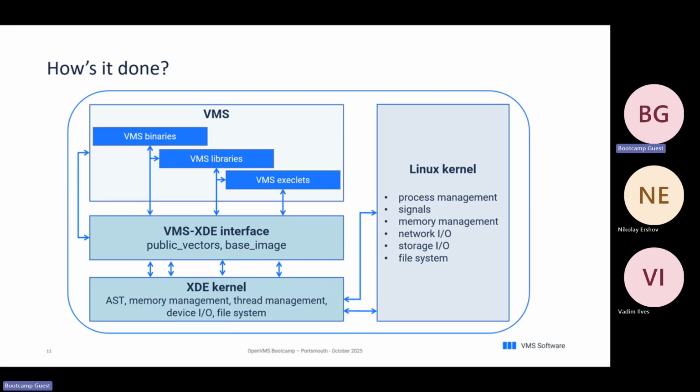So images from the first 3 modes, that's what's here. Then, this is the most interesting part. It's called VMS XDE interface. As we all know, the VMS kernel provides a couple thousand routines, and most of them are provided by 2 execlets, public vectors and base image.